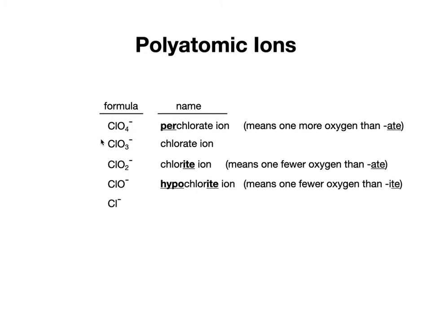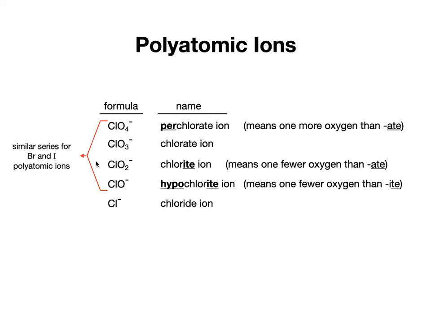Now, you all know this. This is not a polyatomic ion. It's an ion that has chlorine in it. You remember how we named that? We call that the chloride ion, right? A monatomic anion ends in IDE. So that's the chloride ion.